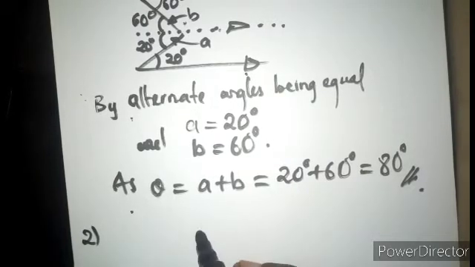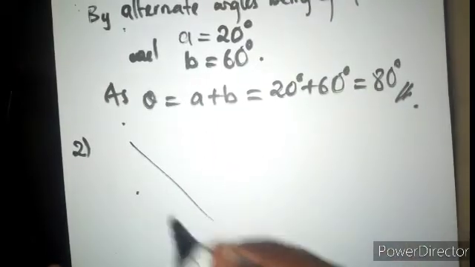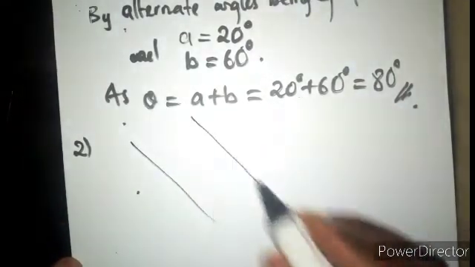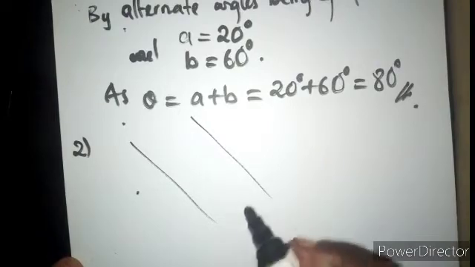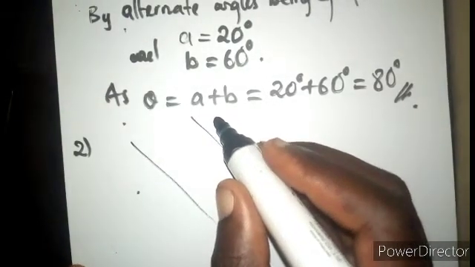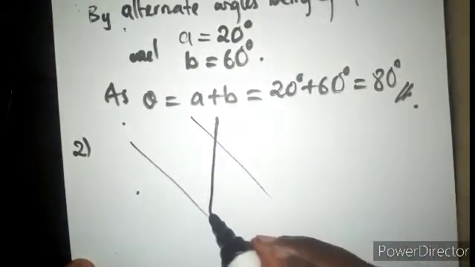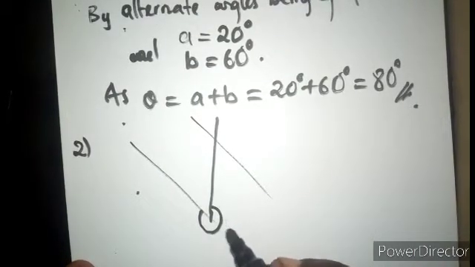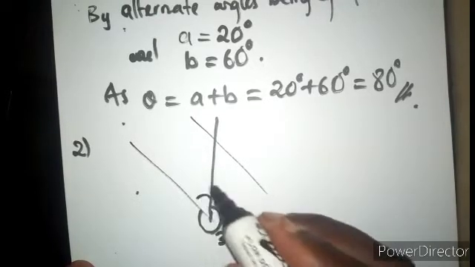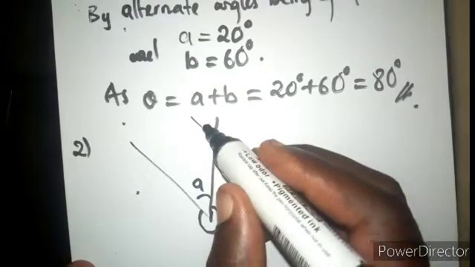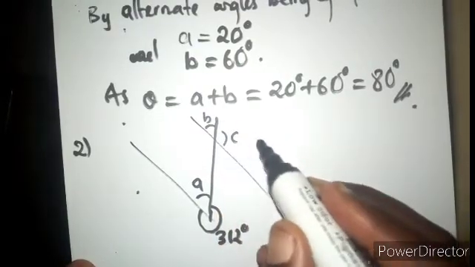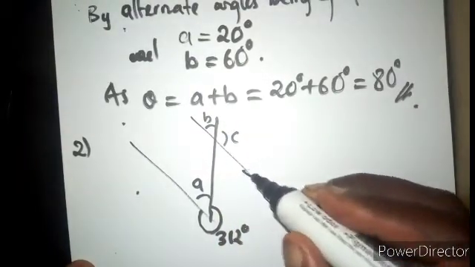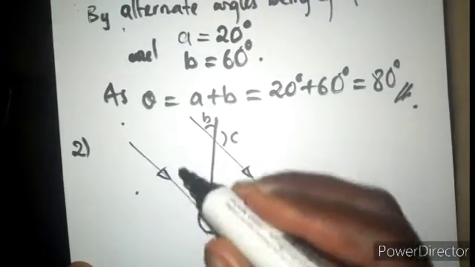Question 2, if you are given the illustration, let's say one line here, so this is parallel to it, then we have a transversal that cuts like this, such that this is a reflex angle with a value of 312 degrees, and I call this angle A, this angle B, and this angle C. Recall, we are saying that these lines are parallel.